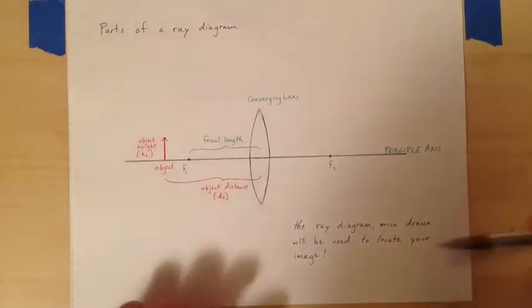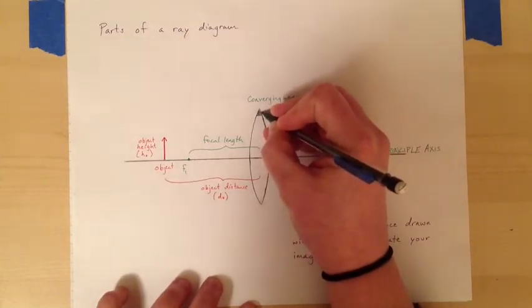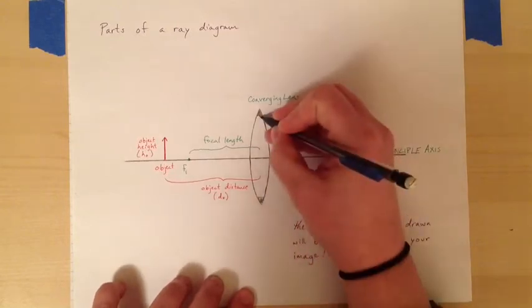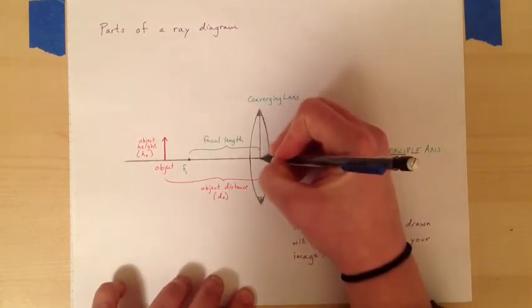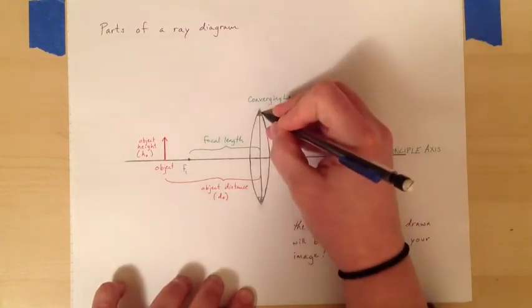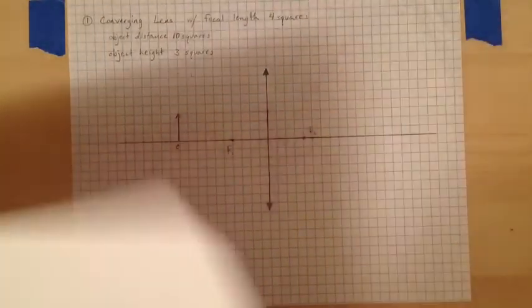And all of these diagrams are going to be with converging lenses. So essentially, instead of drawing that whole curved lens there, we're just looking at this center line so that we don't have to draw the whole lens. Okay, so that's what our lenses will look like in our diagrams.